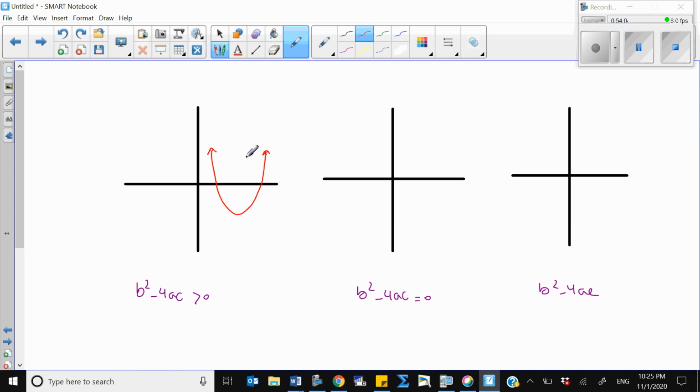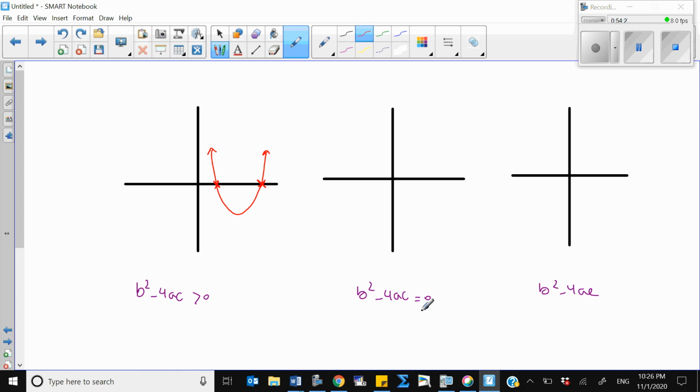We have 2 roots, which means the graph crosses the x-axis at 2 points, either here, here, or maybe here.